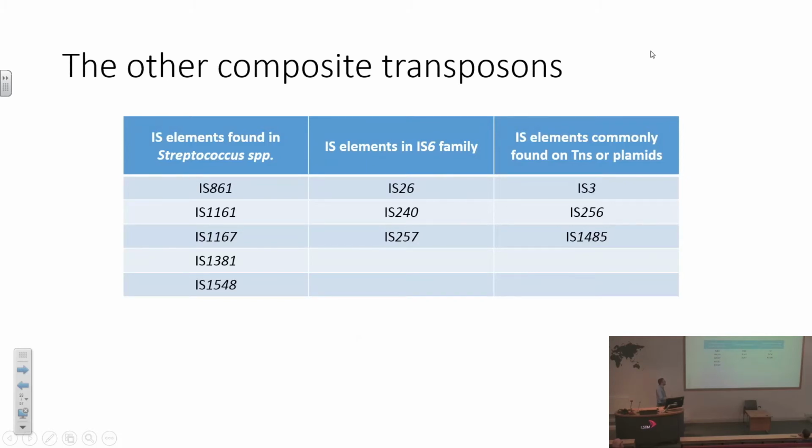We thought we would try it with all of these as well. So different primers were designed based on the fact that all of these are found in Streptococcus, which is the most common species within the mouth. These are members of the IS6 family, which is probably the most common insertion sequence family. And these are often found on transposons or plasmids and are therefore linked with AMR genes.